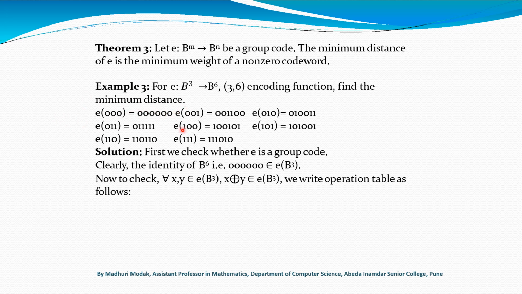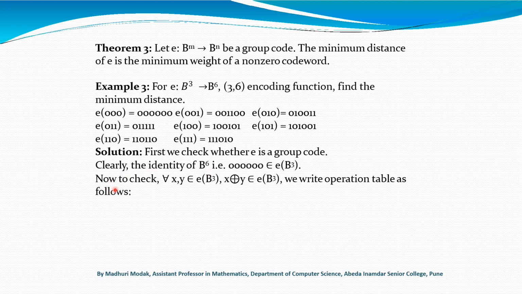So to check for E as a group code, we first consider the set of all code words which are written on the right side. So we have to check whether it is a subgroup of B6 or not. Now the identity of B6 is 0 6 times, which is present here as a code word. So the identity element exists.